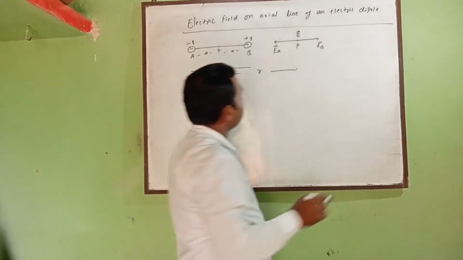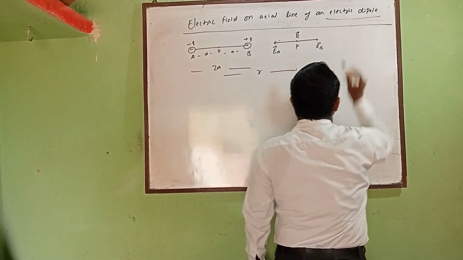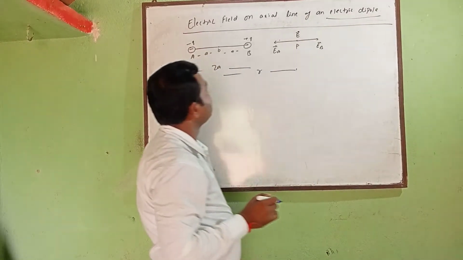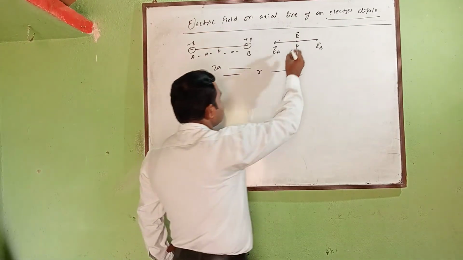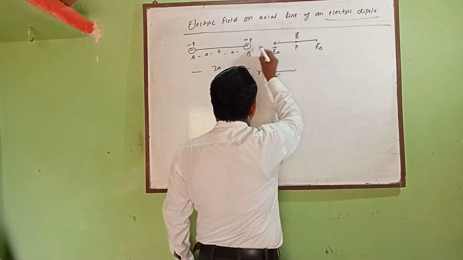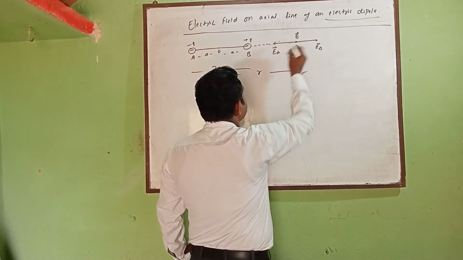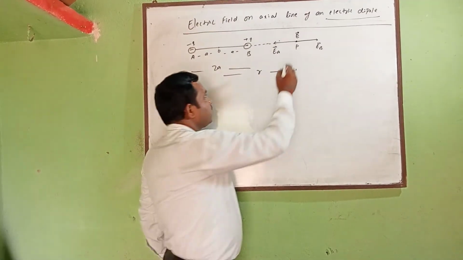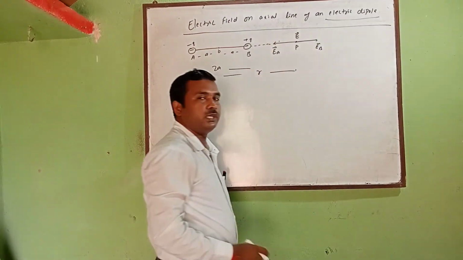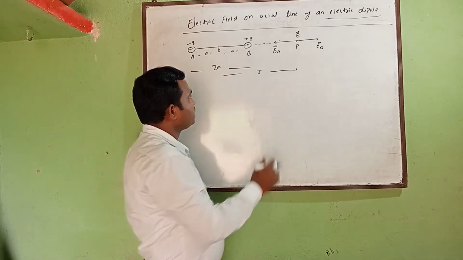Now, we have to find the electric field on the axial line. Axial means the same line. Assume that here is P, along the same line. P is a point along the axial line where the electric field E has to be found.